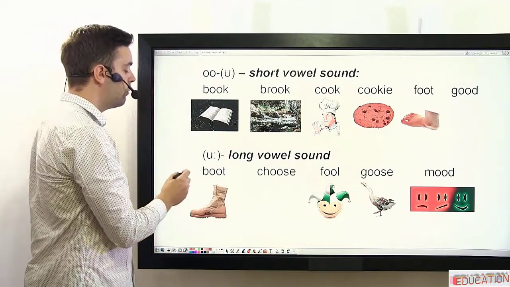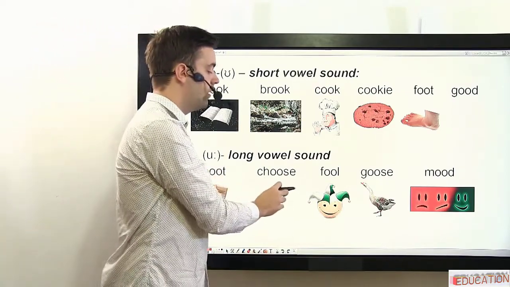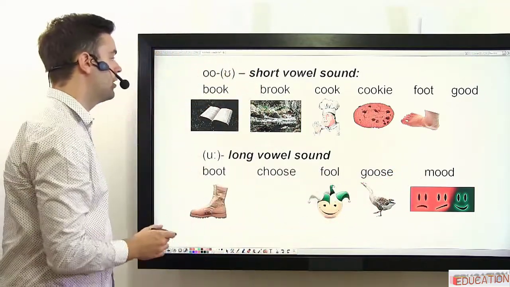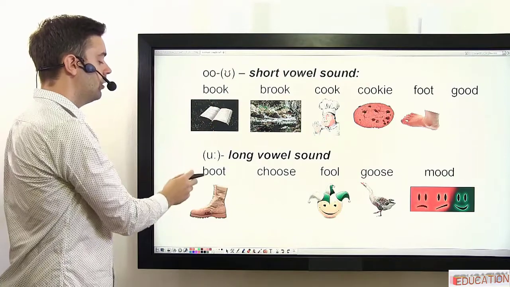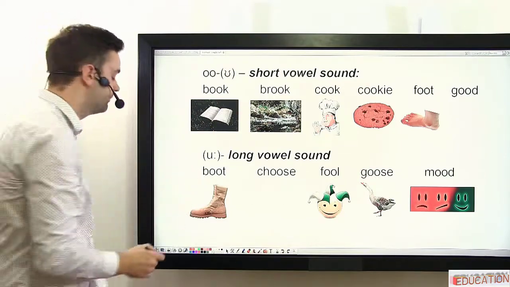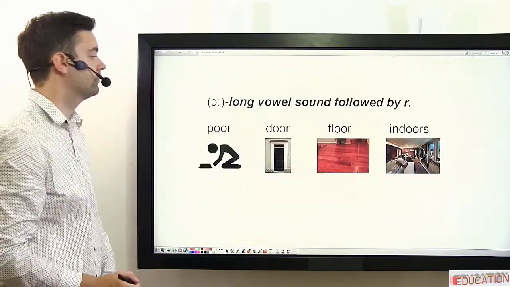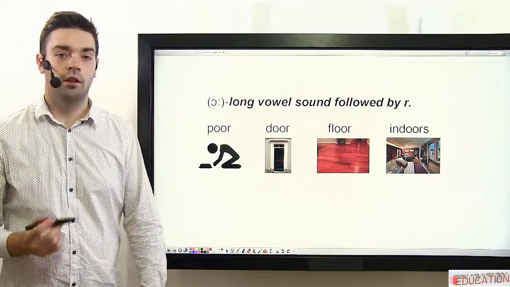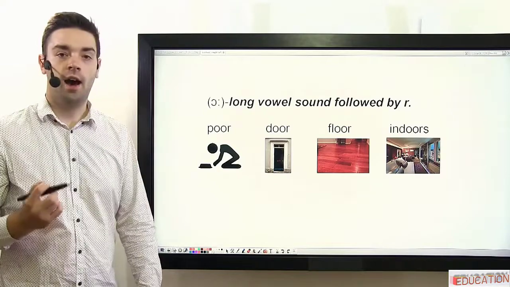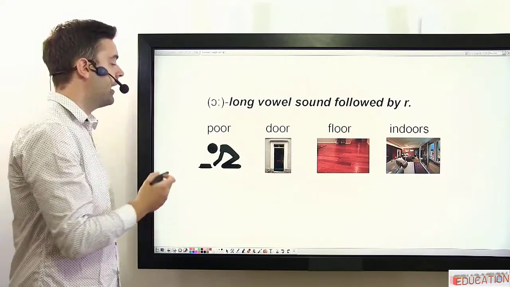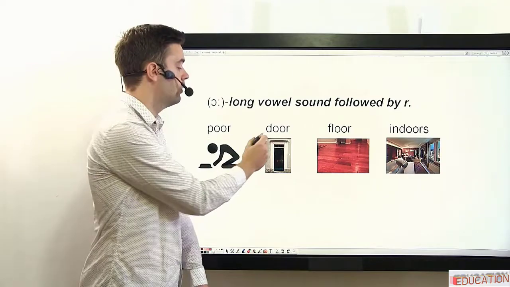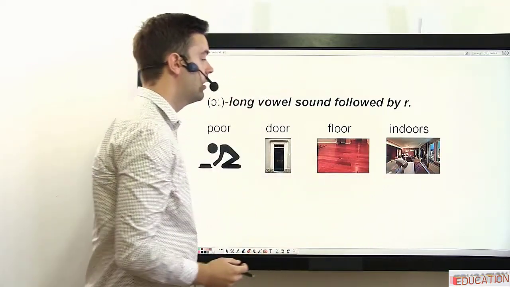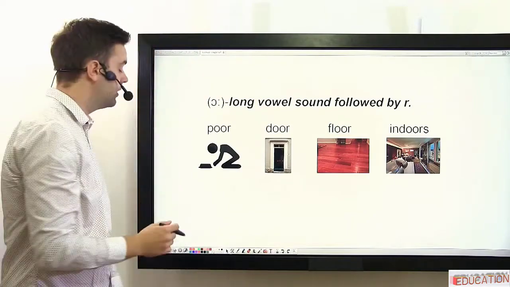So boot, choose, fool, goose, and mood. We can also get long vowel sounds followed by an R. So we get paw, door, floor, indoors. So this one's an or noise.